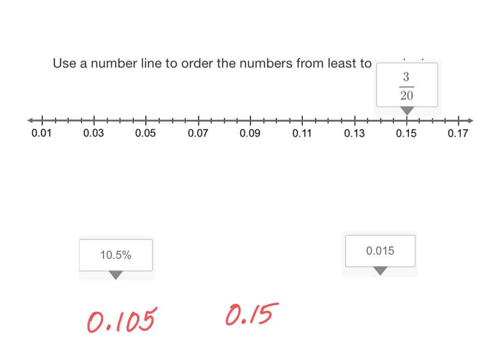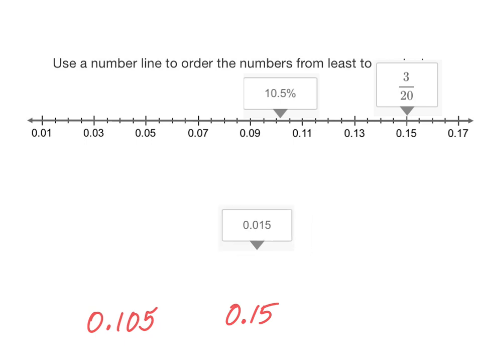Then I have, looking at these two numbers that I have left, I can see that 10.5% is just a little bit bigger. It would go just beyond my 10 hundredths. And then this is just beyond basically 1 hundredth. So that would fit right there.